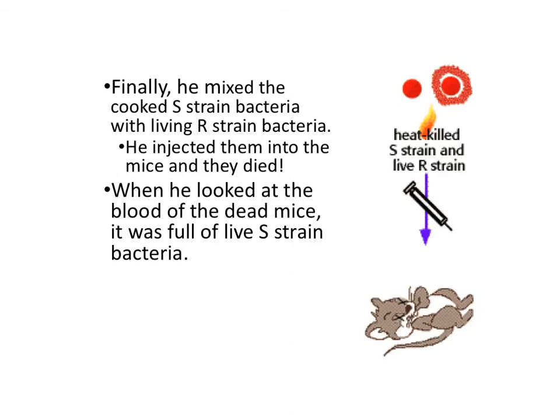Next, and this is the ingenious part, he mixed cooked S strain bacteria with living R strain. Remember, the S strain kills people, but it's cooked, so it doesn't. And he mixed that together with living R strain bacteria, which do not kill anyone. He mixed these two different bacteria that should not have hurt anyone.